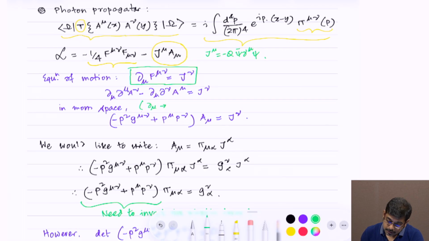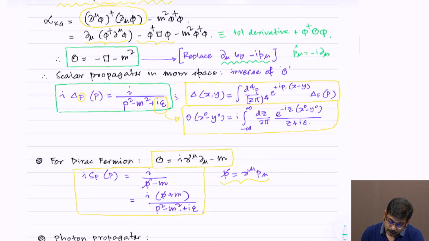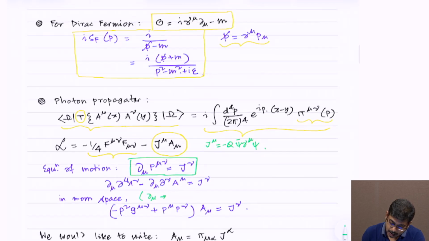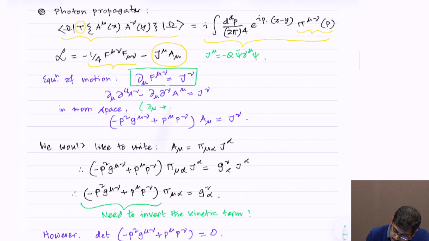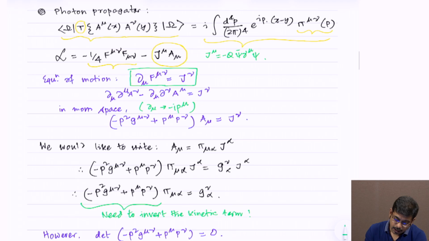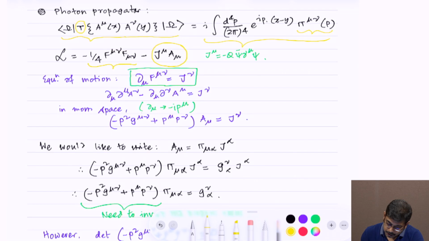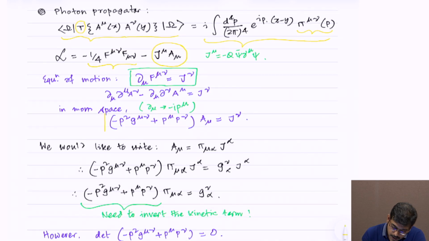Once again, I use this trick: I replace ∂_μ by −i p_μ. So this equation in momentum space turns out to be (−p² g^{μν} + p^μ p^ν) A_μ = J^ν.